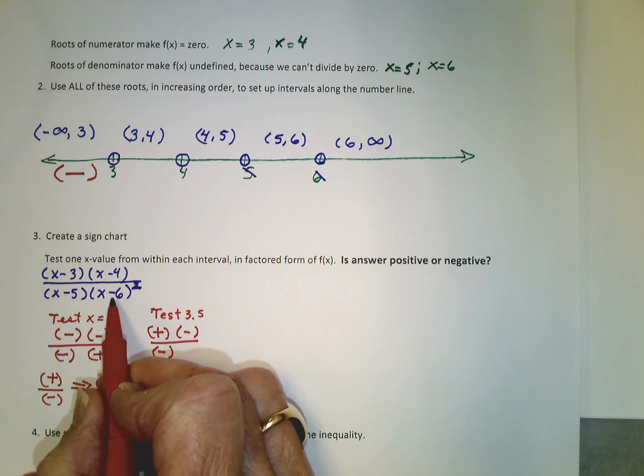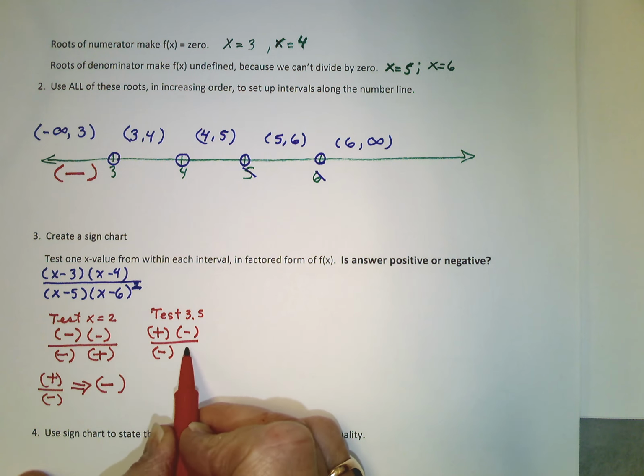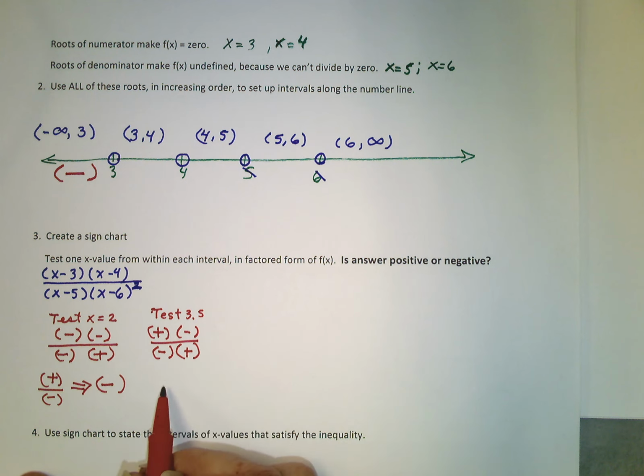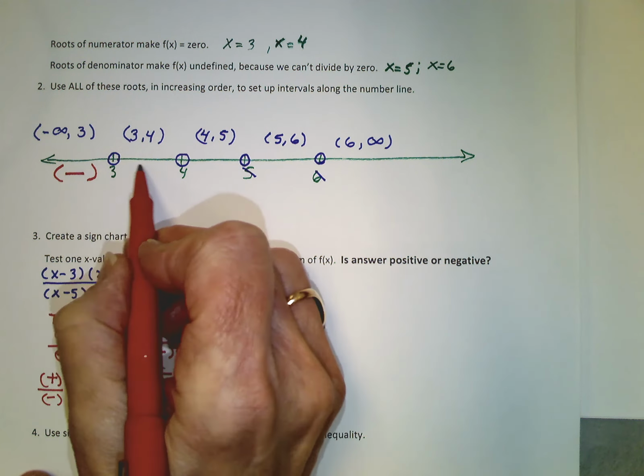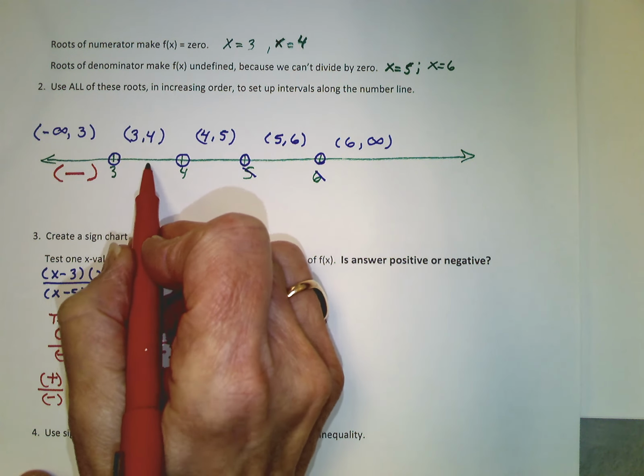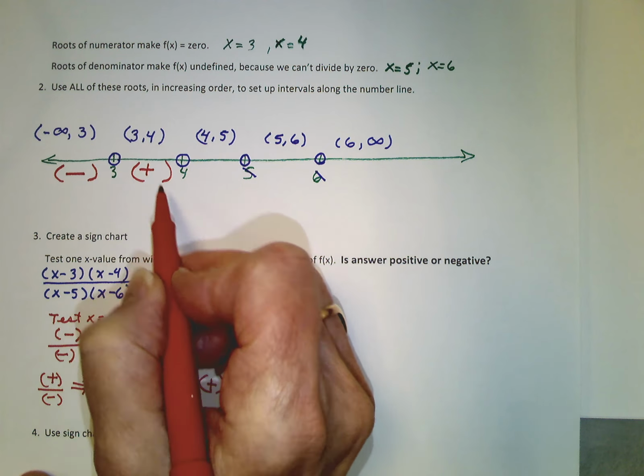And this one's going to come out negative, but when we square it, it's going to become positive. So we have a negative numerator divided by a negative denominator, which means overall it's positive. So any number we pick in here is going to be positive.